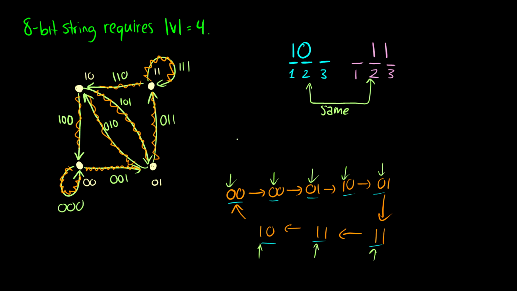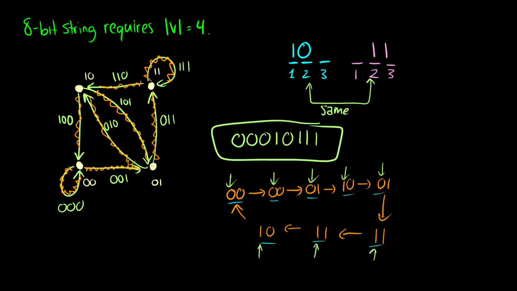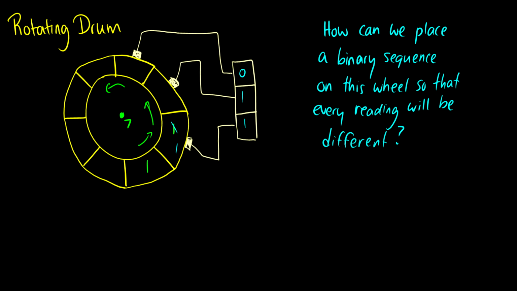So we're going to get 0, 0, 0, 1, 0, 1, 1, 1. And this is going to be our binary sequence that fits into the drum. So let's put that in here. Okay. We got 0, 0, 0, 1, 0, 1, 1, 1.